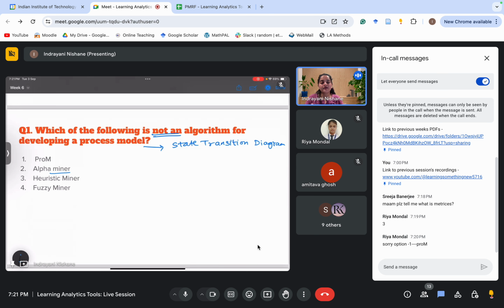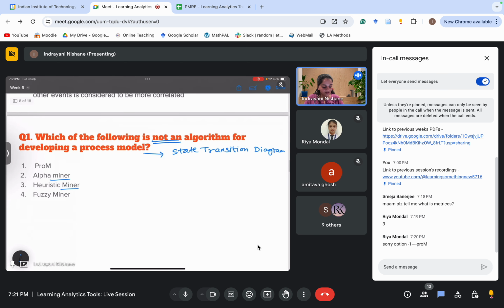Based on that, there are different types of mining algorithm. Three algorithms which are mentioned here are alpha miner, heuristic miner, and fuzzy miner. As the name suggests, miner. All these are algorithms to come up with the process model, and ProM is the tool, the software, which is used to create process model.